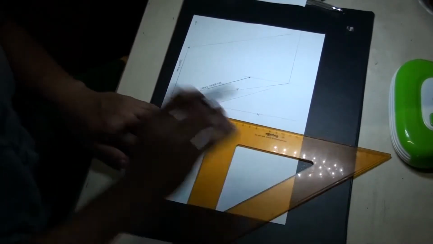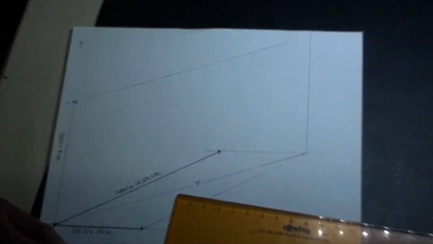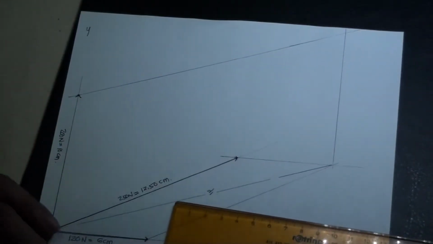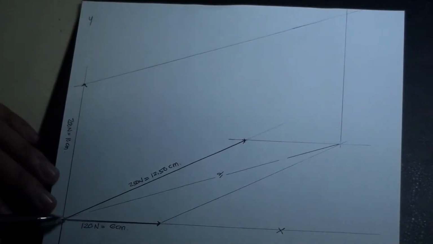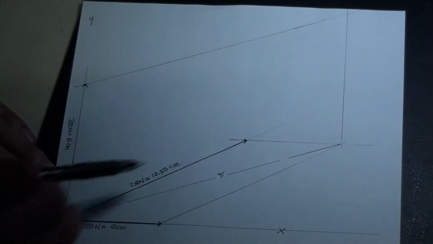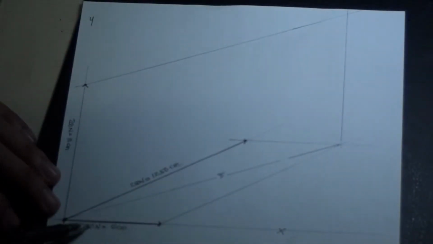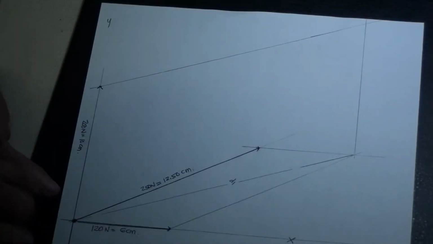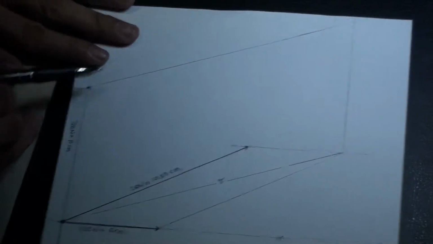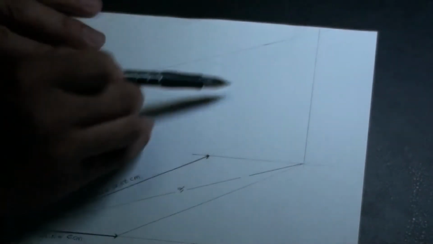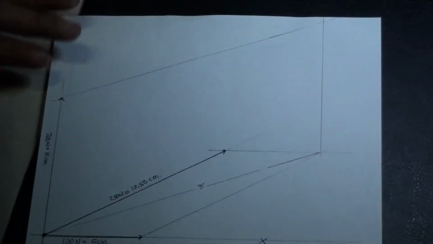So if you try to see, okay, this is now your next. Take note, your first parallelogram is this one, this side, and this side. Okay, the second parallelogram is this one, same point, this one, and then this, and this one, then close it, go back here. That is your second parallelogram.